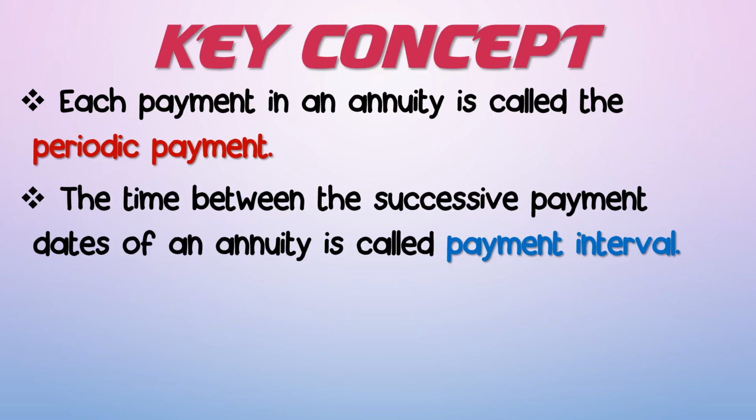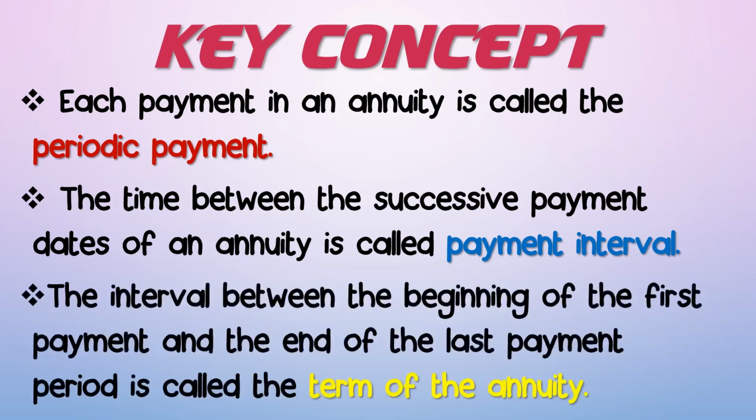Monthly is the payment interval and 5,000 is the periodic payment. The interval between the beginning of the first payment and the end of the last payment period is called the term of the annuity. Example, 5,000 monthly for 2 years. So 2 years is the term of the annuity.